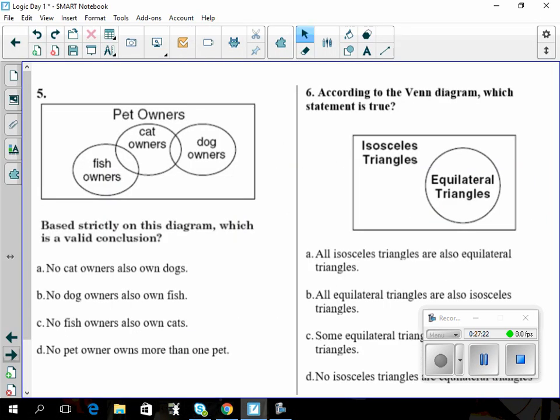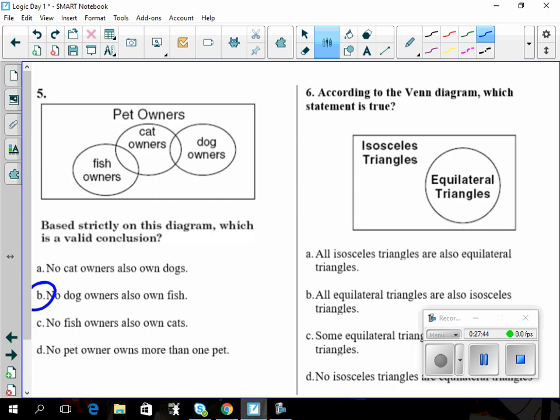Okay, let's look at the Venn diagram answers before lunch. Let's see how well we did. So, what do you think about number 5? What'd you get? B is correct. You don't get that one? It says no dog owners own a fish. So look at dog and fish. Dog and fish do not overlap, right?